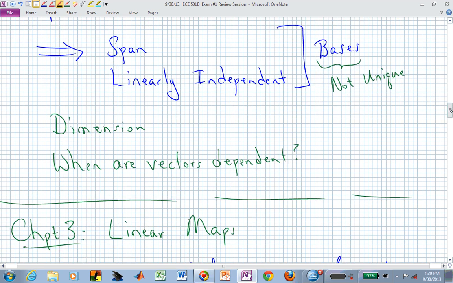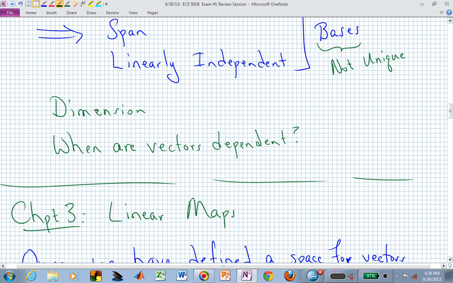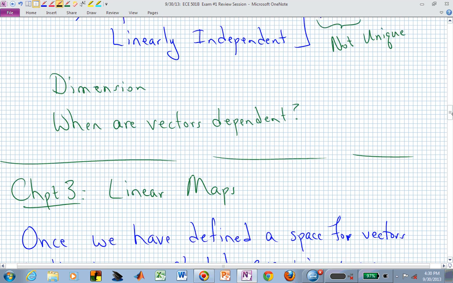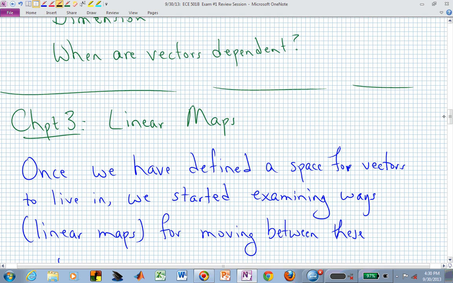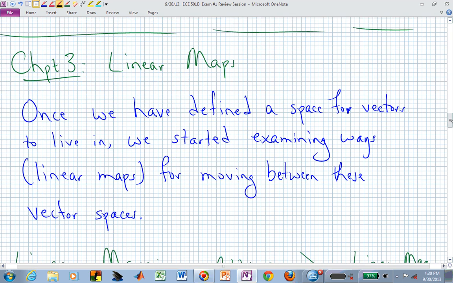Once you have that, now you can talk about span and linearly independent vectors. How many linearly independent vectors do you have in a given subspace? That'll give you the dimension. What's this relationship? Can you find non-zero constants which will allow you to combine vectors to produce the zero vector in a vector space? Then you have linearly dependent vectors.